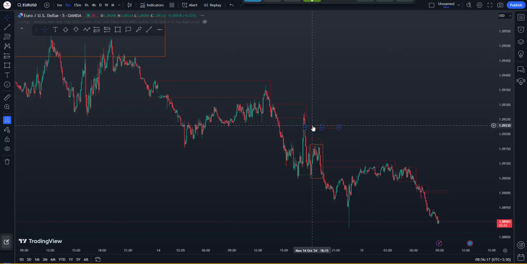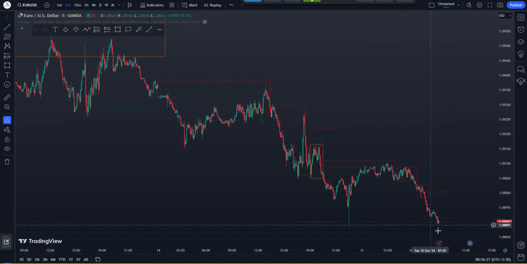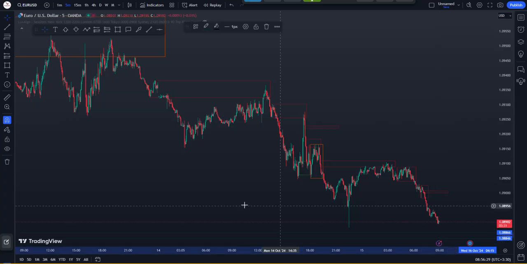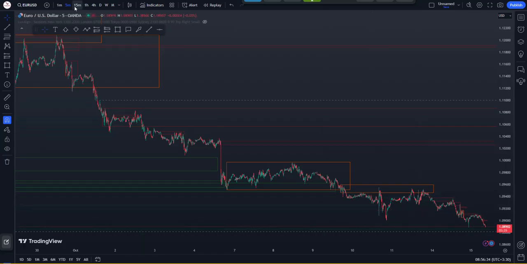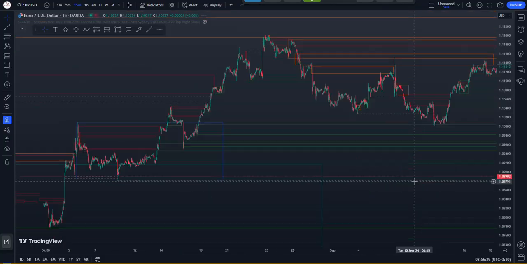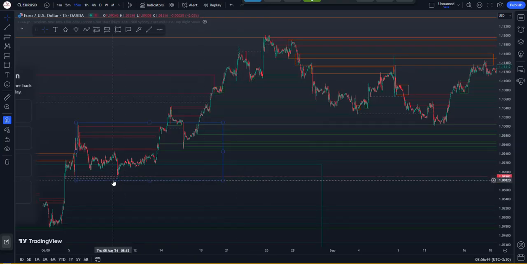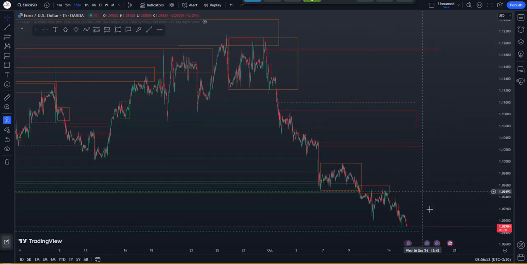But this one is important too, and I told you before that it is very important, because this is a level, the MPL of this fake level. It existed here and the price is here now. So if these two are engulfed, I can go short.